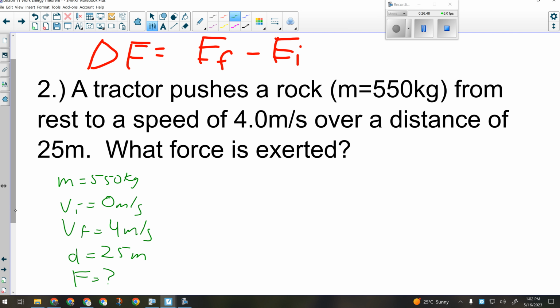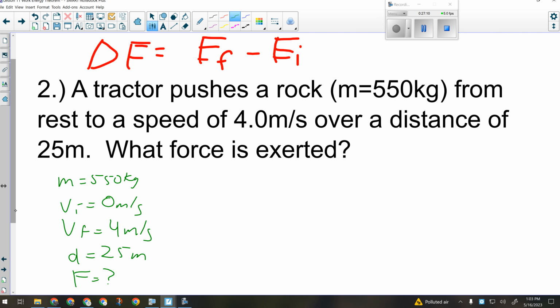All right, so now the next thing I gotta ask myself is, force and distance are usually in what kind of a problem? A work problem. Is work being done in this question? How do I know? Pushes. Yeah, it talks about pushing, and it talks about a change in speed.